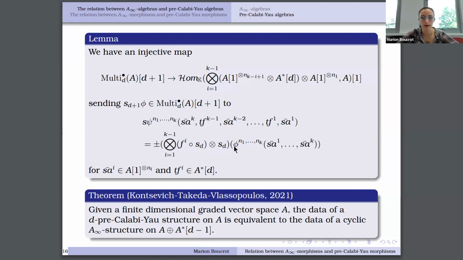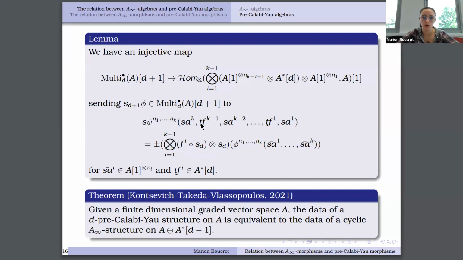So here we apply our element of the multidual to the elements SA1 to SAK, and we produce, thanks to this, K elements, so a tensor product of K elements of A shifted by minus D. Then we, in some sense, shift all those elements to have elements of A, and on the K minus 1 first elements of A we apply the maps Fi.